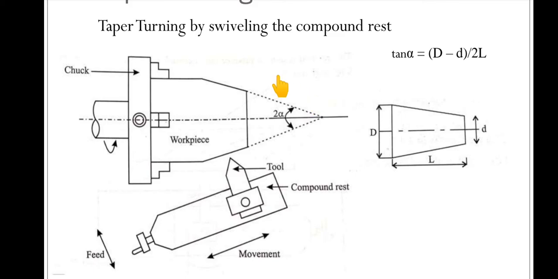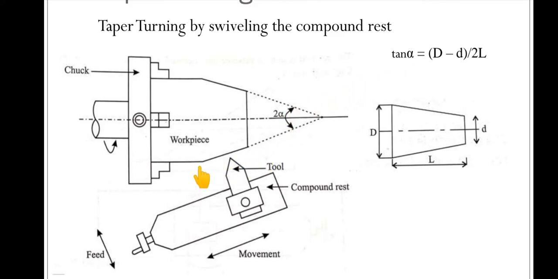First one is taper turning by swiveling the compound rest. As I already told when I explained the compound rest, the compound rest is a circular member which has certain angles printed on it. So we can give rotation to that compound rest, then the tool will rotate. You can see here there is a 2 alpha.